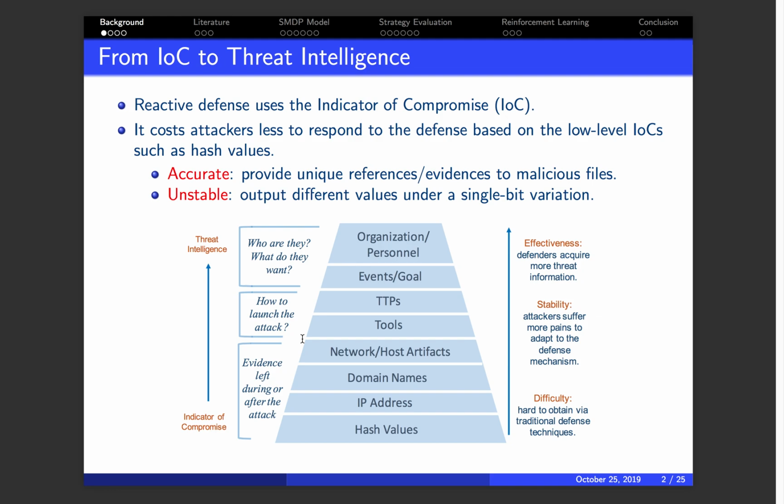For example, the hash value provides a unique reference to malicious files, but it can output totally different values under a single bit variation, which means it costs attackers less to respond to defenses based on these low-level IOCs, which basically reveal the evidence during or after the attacks.